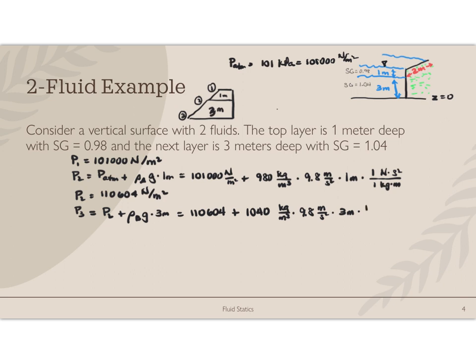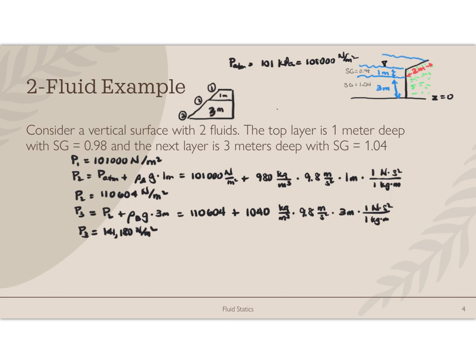Our G sub C, and thus P3 is equal to 141,180 newtons per square meter. That tells me all of the pressures.